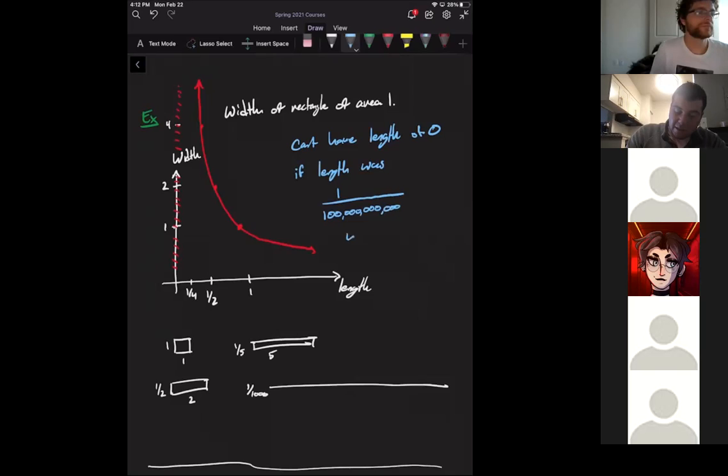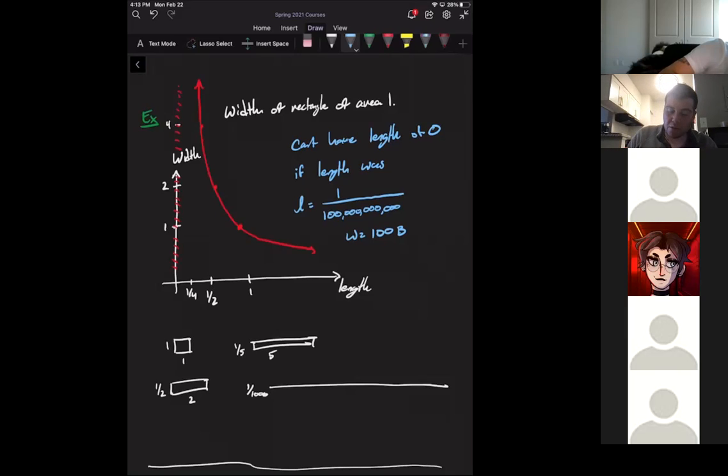Does someone have an answer? All right, well, it's just 100 billion as well. So you have 1 divided by 100 billion times the width of 100 billion. You just get a rectangle with area 1.